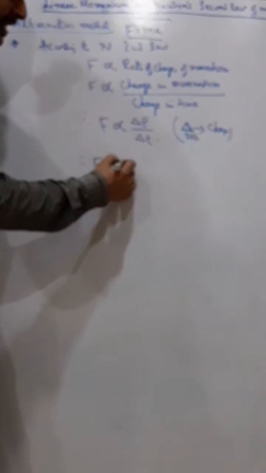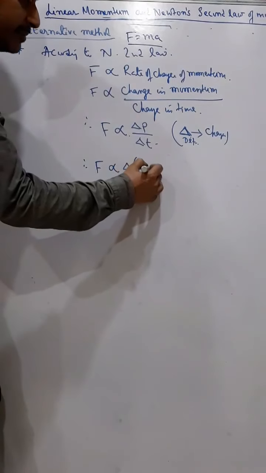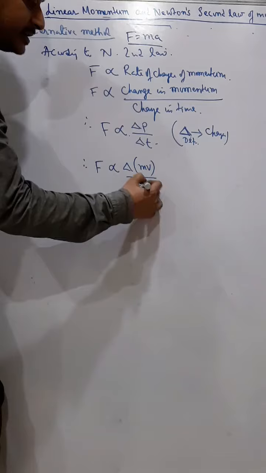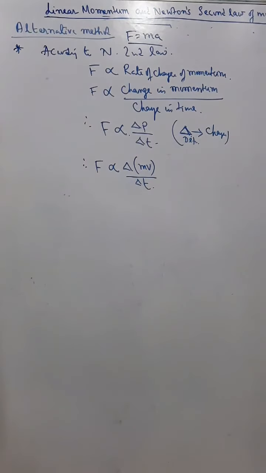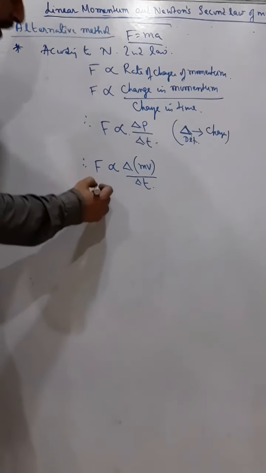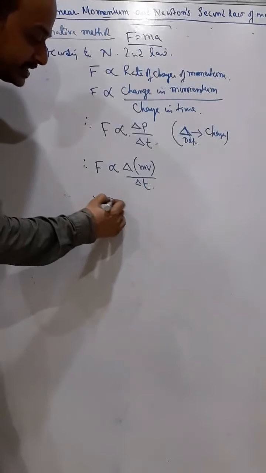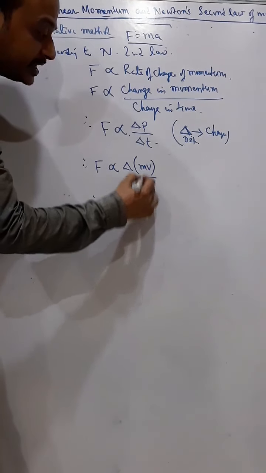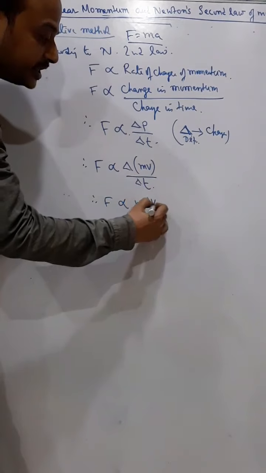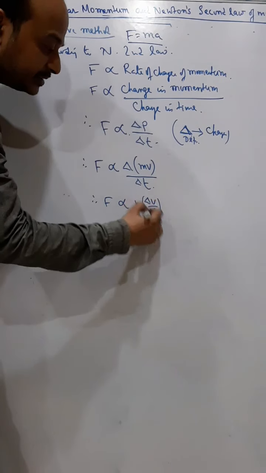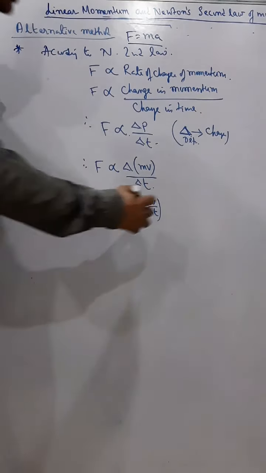Now F is directly proportional to m into v by delta t, right? Because momentum means mass into velocity. And therefore I can say F is directly proportional to, taking m out, m into delta v by delta t. You know why?